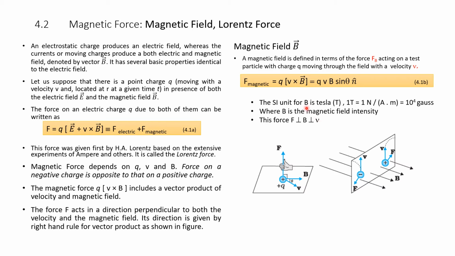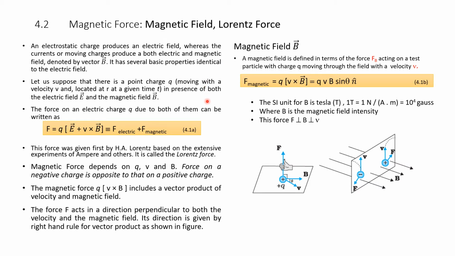So, let us revise. A current or a moving charge produces both electric and magnetic field, and it has properties similar to that of electric field.